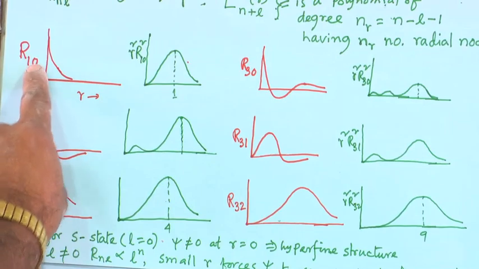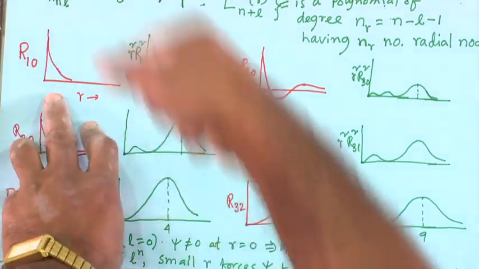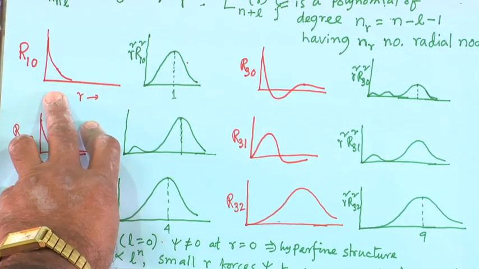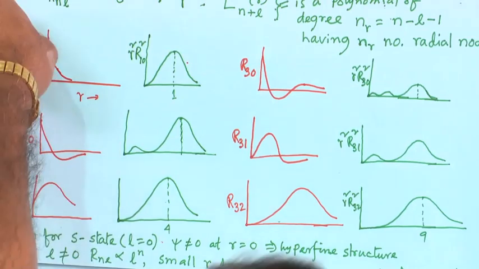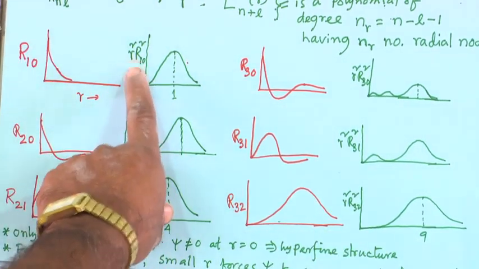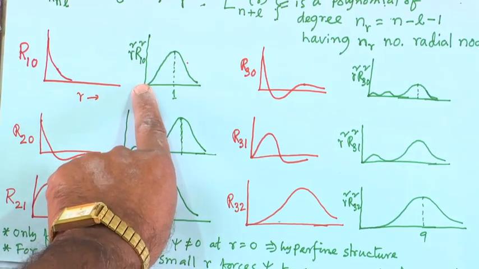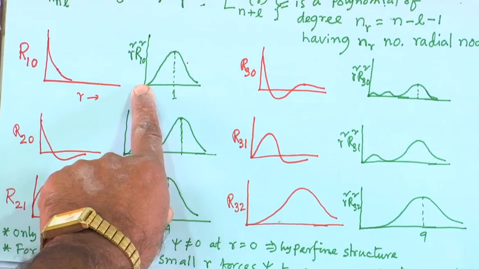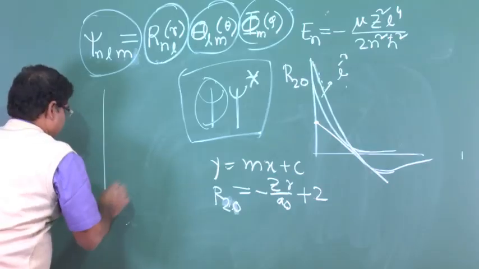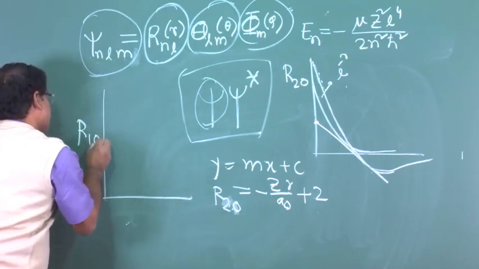So, R_10 squared. This square is more exponential because of e to the power minus 2r now, okay. It will fall sharply, but with that the r square term is there. The r square term means it will give a parabolic shape, okay.